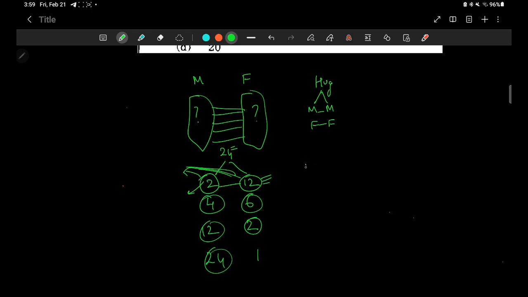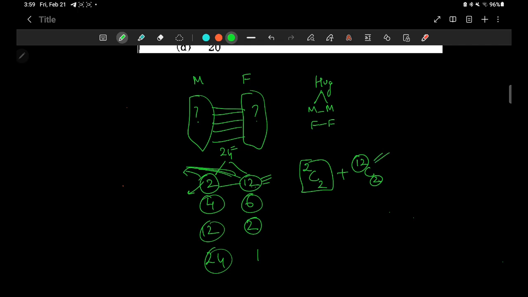So how do we write that? 2 males are there. We are going to select 2 males out of that to get one hug. So we are selecting 2 males out of 2 males here, plus then 12 females are there. 12C2. Because you need 2 females for getting one hug. So out of 12 females, we are selecting 2 females to get that hug.